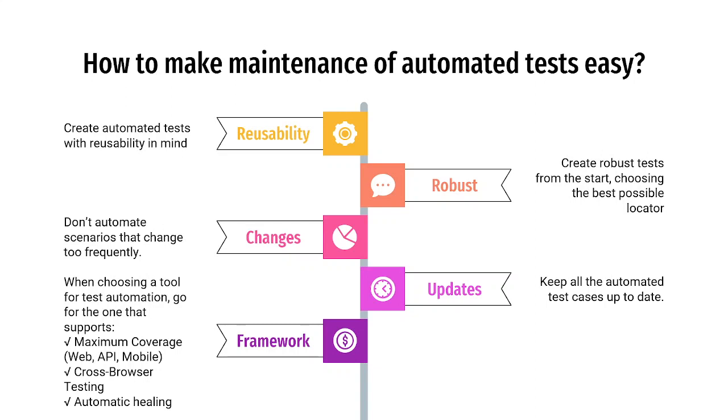Suppose I want to run my test on multiple browser sets, let's say Chrome, Firefox, Safari. The framework should have this capability so that I can run the test on multiple browsers, and in some cases in parallel execution as well. Suppose I have one scenario which is going to be executed on all browser families at a time.